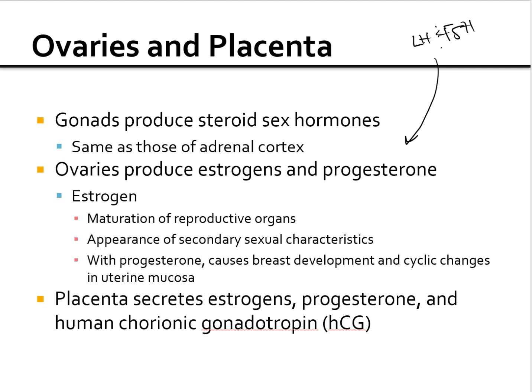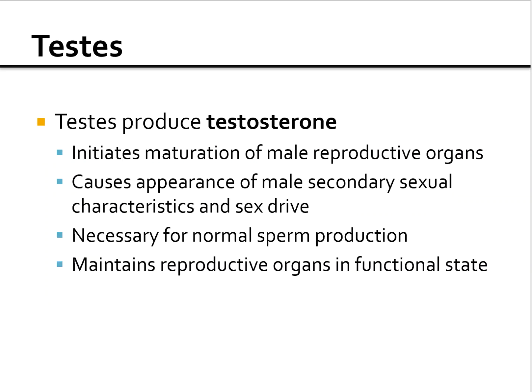The placenta, which is an organ that develops to support the developing fetus when a woman becomes pregnant, secretes estrogens, progesterone, and a hormone known as human chorionic gonadotropin. This is the hormone that is believed to be associated with morning sickness. The testes are going to produce testosterone. And remember, the testes also are targeted by FSH and LH from the anterior pituitary.